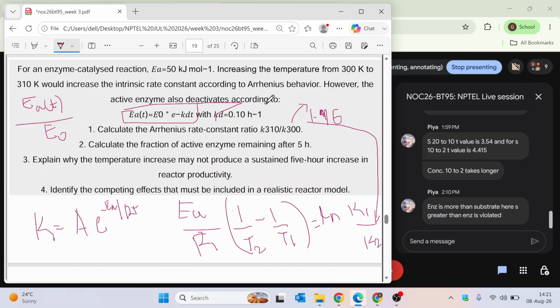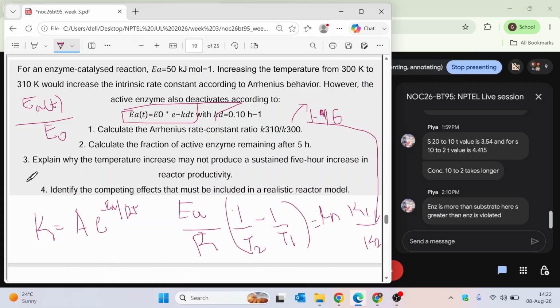Just e power minus 0.1 into 5 is going to give you a fraction of 0.6, which is around 60%. Around 60% of the enzyme is going to be active after 5 hours, provided that there is also simultaneous enzyme deactivation. Okay, and the third question is, explain why temperature increase may not produce a sustained 5-hour increase in reactor productivity.